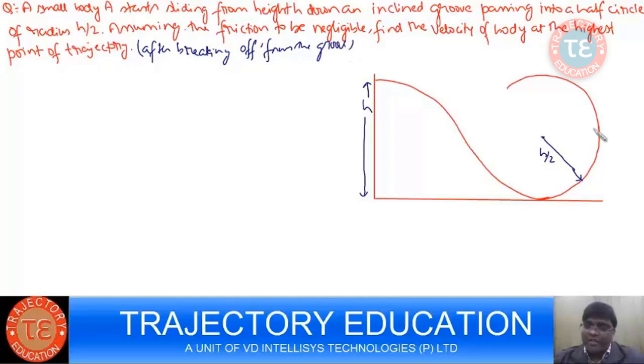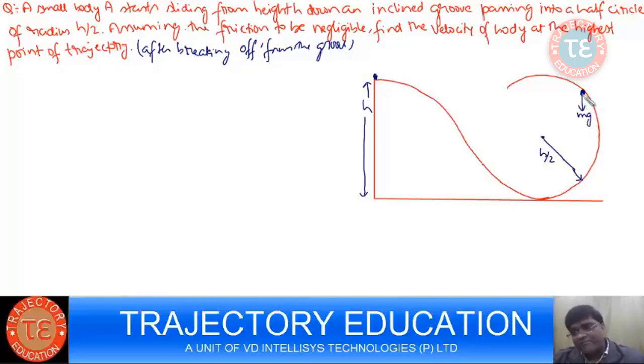See, when this particle is moving along this path, let's suppose your small body is here. What's the free body diagram? Let's see.